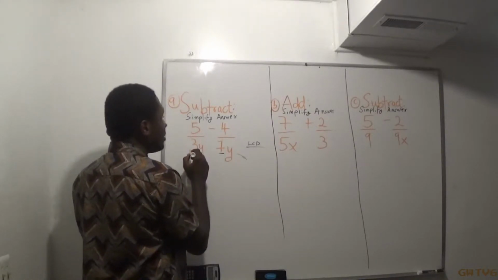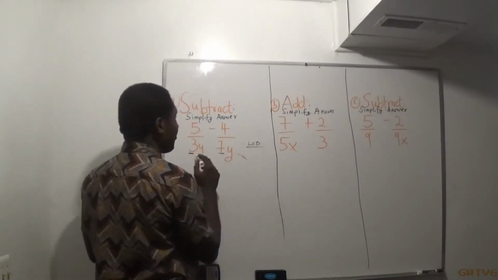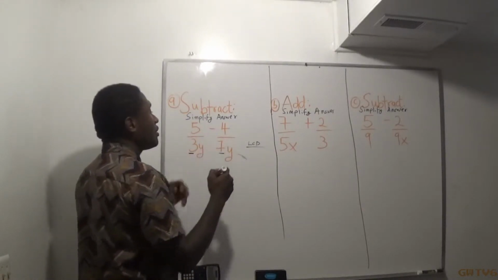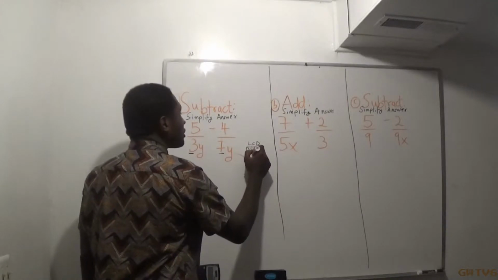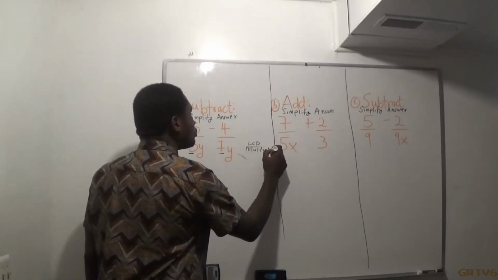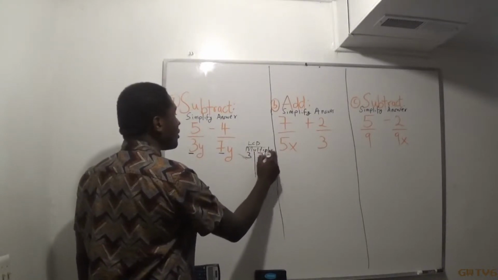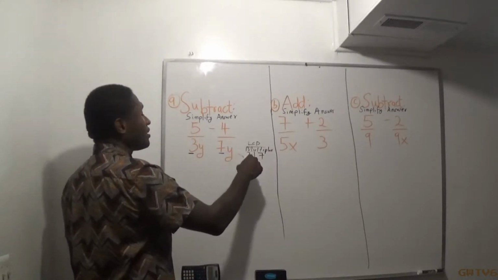So LCD of 3 and 7 is what I'm doing first. To figure that out, I have to find the multiples of those two numbers. So multiples of 3 and then multiples of 7. Multiples means you keep adding the same number.